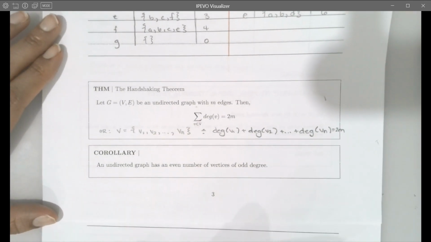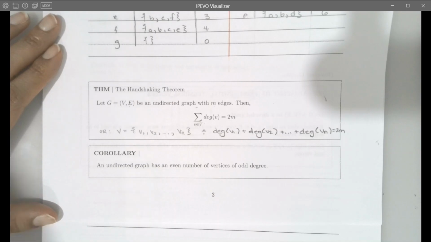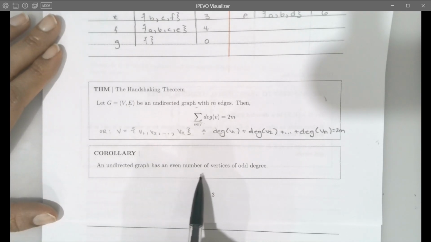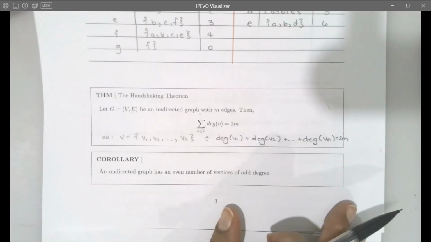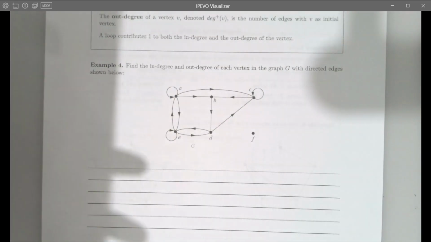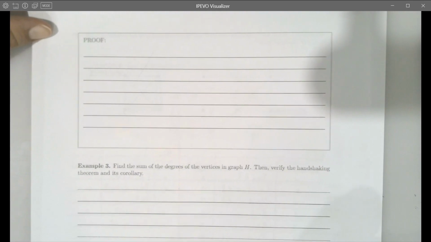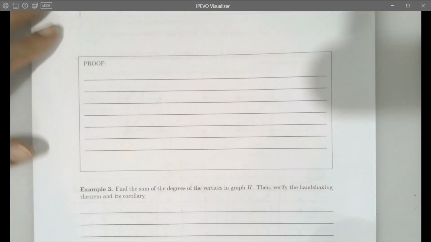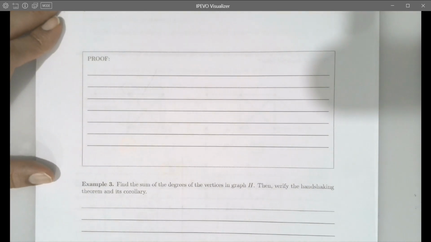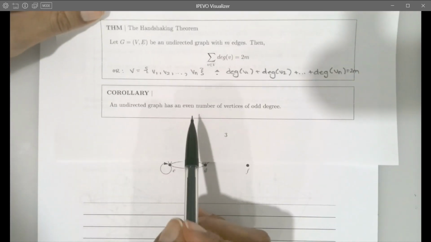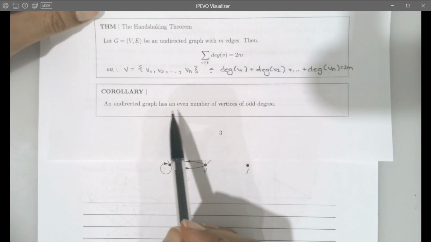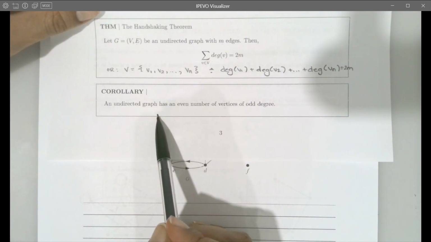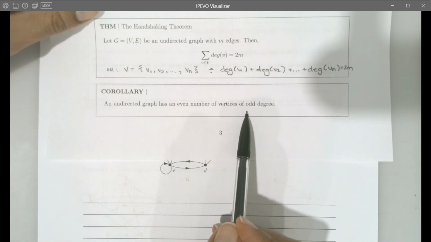Okay, and then there's a corollary to that theorem that says an undirected graph has an even number of vertices of odd degree. And we're actually going to prove the corollary, not the theorem. The trick to this is to separate the set of vertices into the set of vertices that have even degree versus the ones that have odd degree.